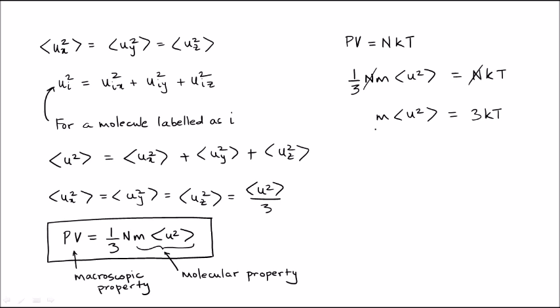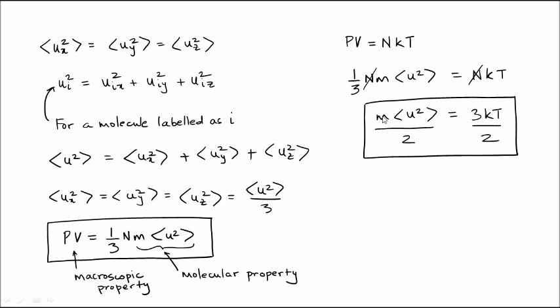Now, putting a factor of 2 in the denominator, we get this. The left-hand side is the average kinetic energy of the molecules, and this equation says that temperature is nothing but a measure of the average kinetic energy of the molecules.